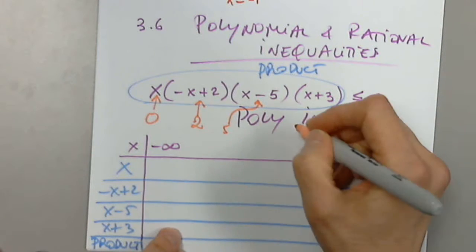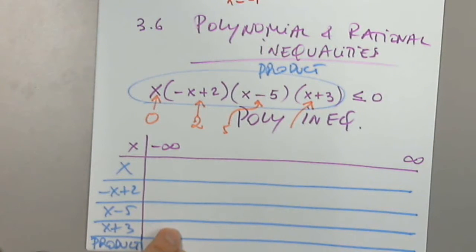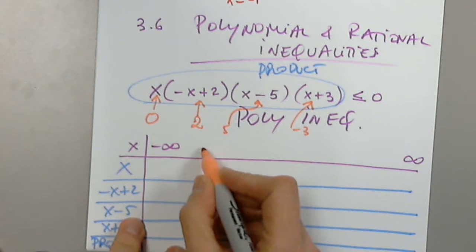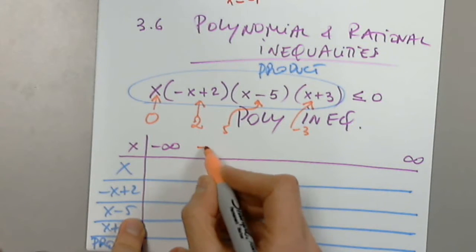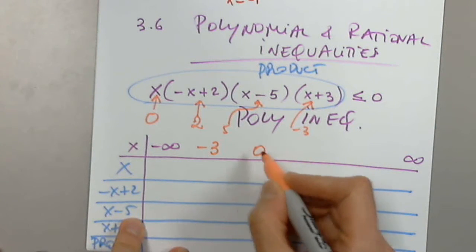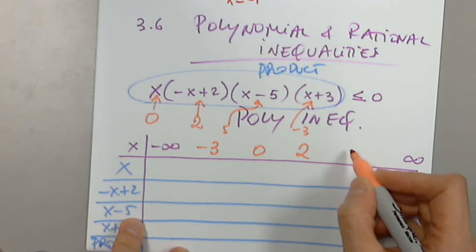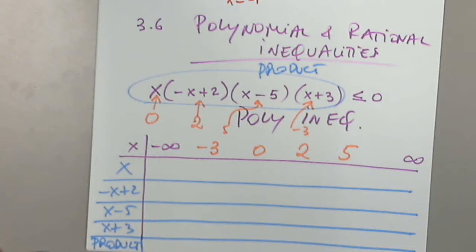I agree. And finally, where is this factor 0? Do you all agree with these numbers? Now, please give them to me in the appropriate ascending order. Ascending would be negative 3, 0, 2, 5.